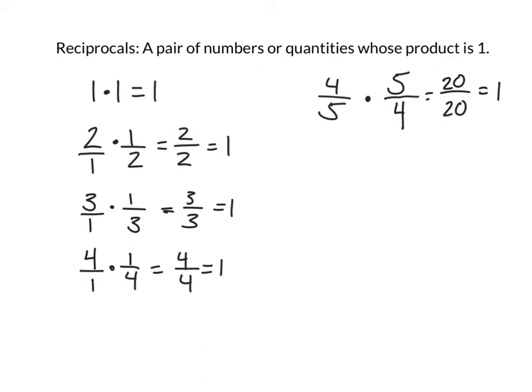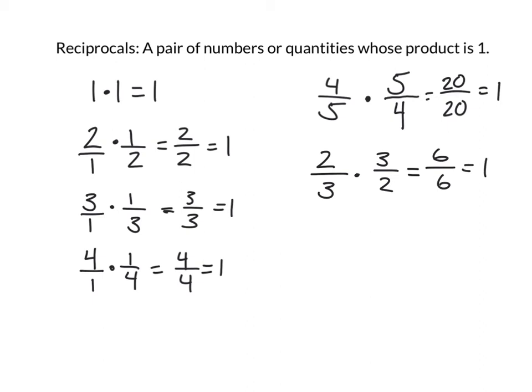Let's see if that works with something like 2/3. So I take 2/3, I multiply it by 3 over 2, so I'm taking the numerator and putting it in the denominator and putting the denominator in the numerator. I am essentially flipping over my fraction. 2 times 3 is 6, 3 times 2 is 6, and 6 over 6 is 1.